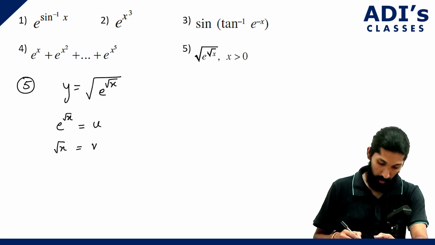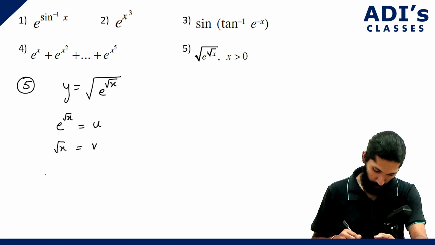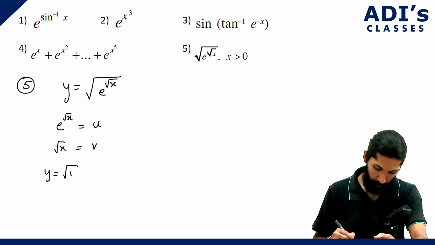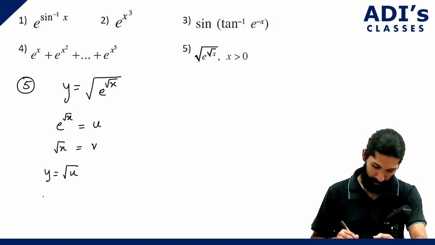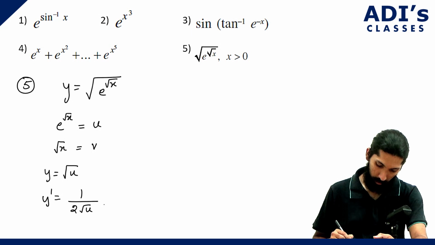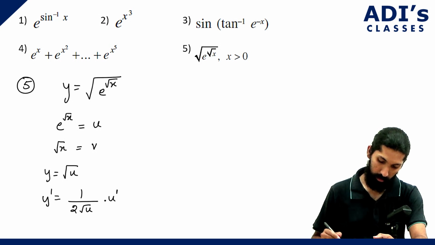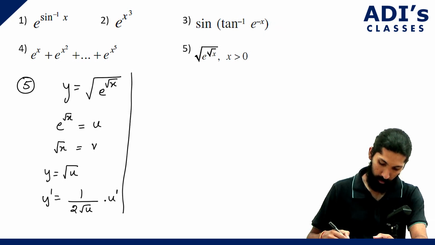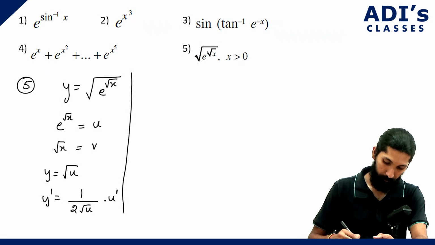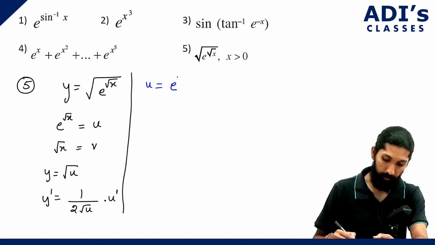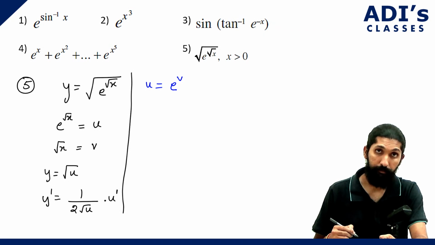All right. So what do you get now? y is equal to root of u, correct? If you differentiate this, y dash is equal to 1 by 2 root u into u dash. So first you need to calculate what is u dash, right? To calculate that, u is nothing but e to the power of v. Root x is v, right?